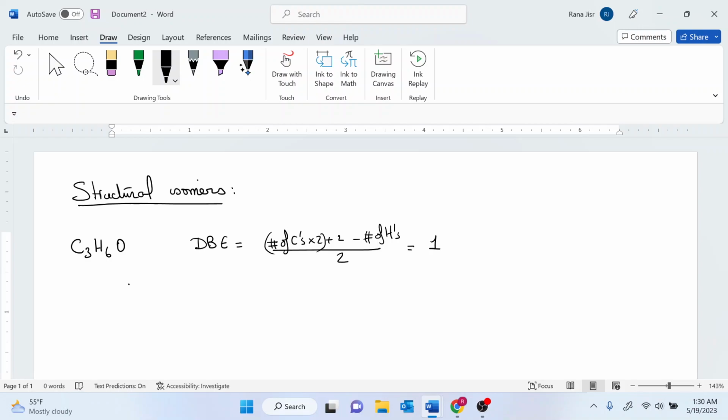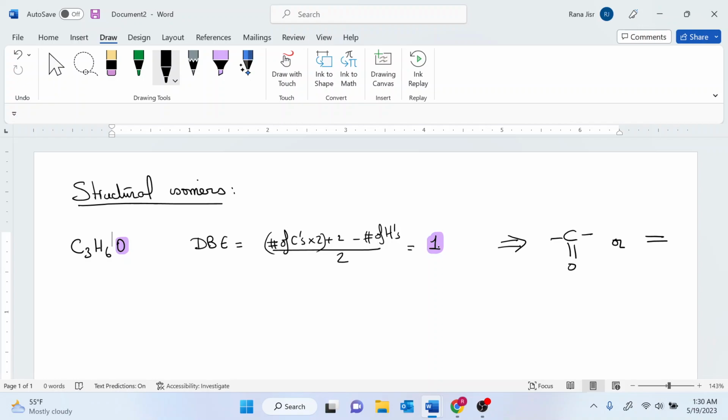Normally, whenever I have a DBE equal to 1 and I have an oxygen in my molecular formula, this means that I'm going to end up getting a carbonyl as one of the possibilities for the degree of unsaturation, because I know that a double bond is a DBE of 1. I can also have a double bond, an alkene in there.